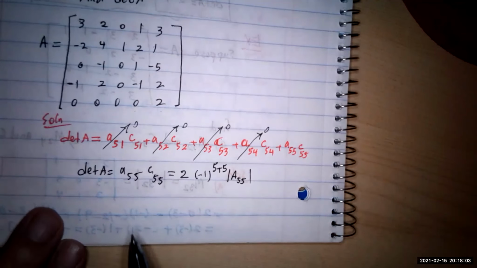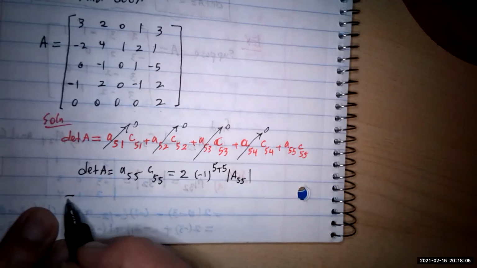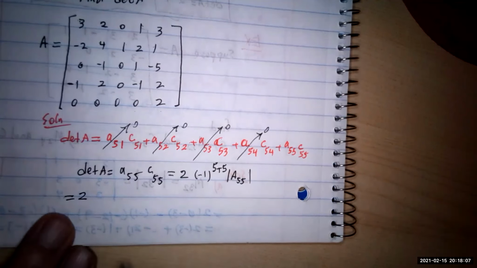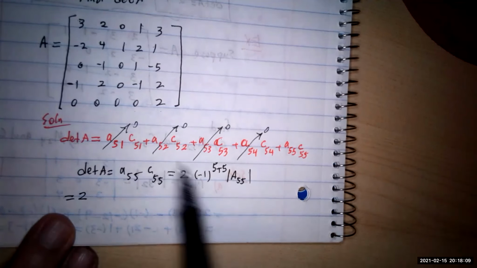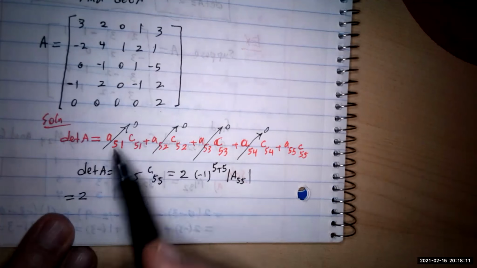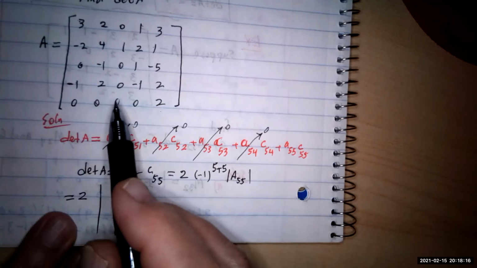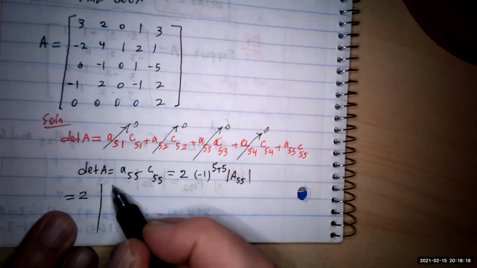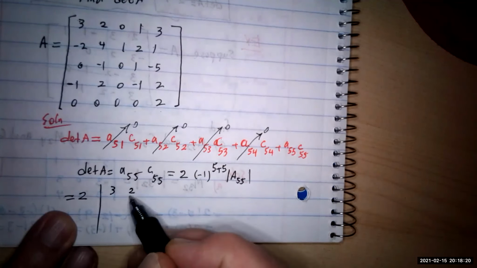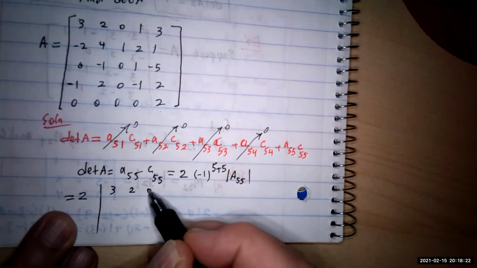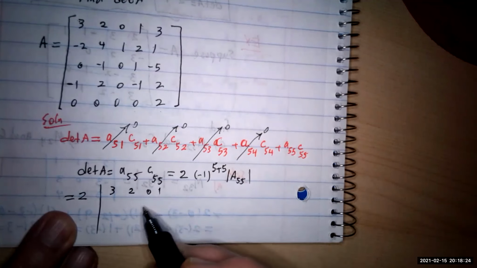So this is in fact 2 times the determinant of the leftover after you eliminate these two. The leftover is going to be 3, 2, 3, 2, 0, 1. It's going to be a 4 by 4 matrix.